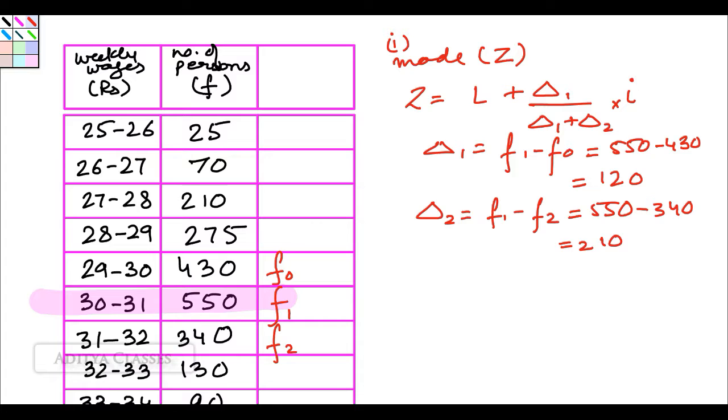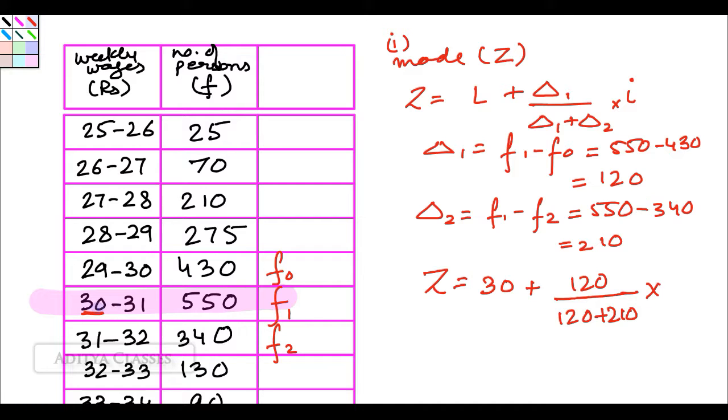So we have our two deltas. Let us go ahead and find out the mode. The lower limit of our modal class is 30. Then delta 1 is 120, delta 1 plus delta 2 becomes 120 plus 210, multiplied by I, that is the interval.